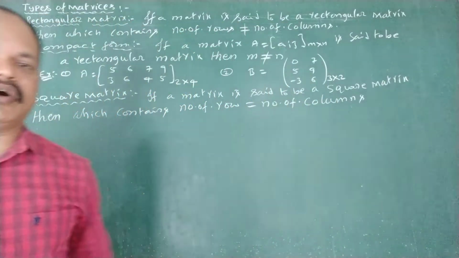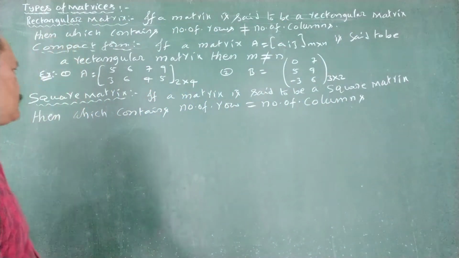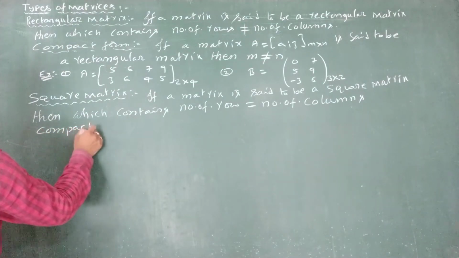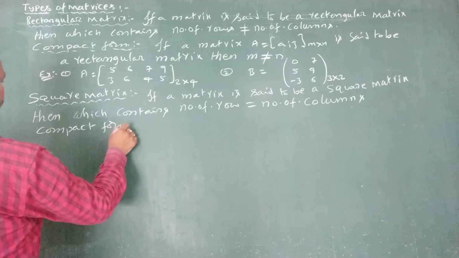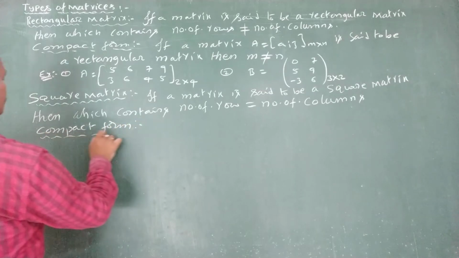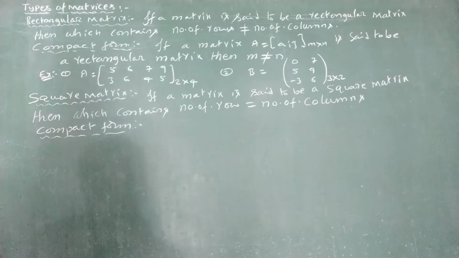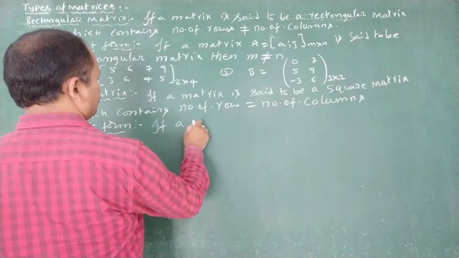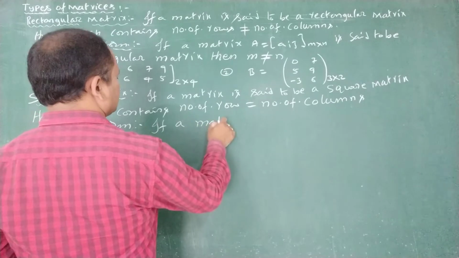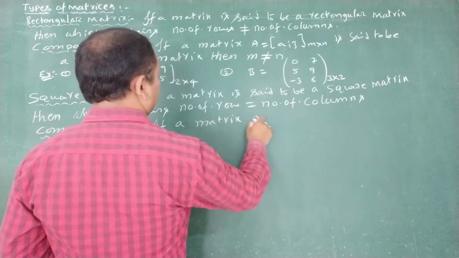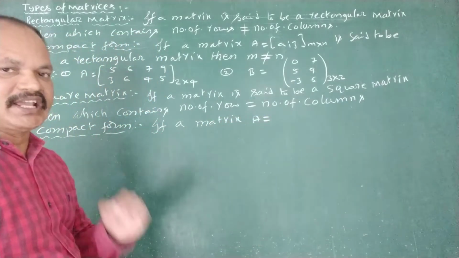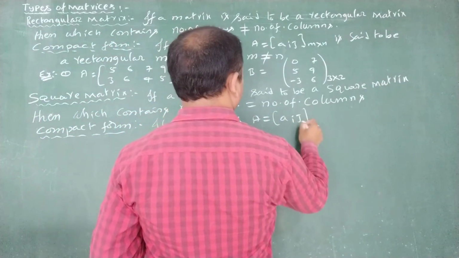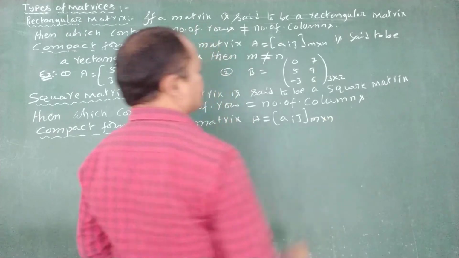Now the compact form for this one. That is, if a matrix capital A is equal to Aij, where m by n.